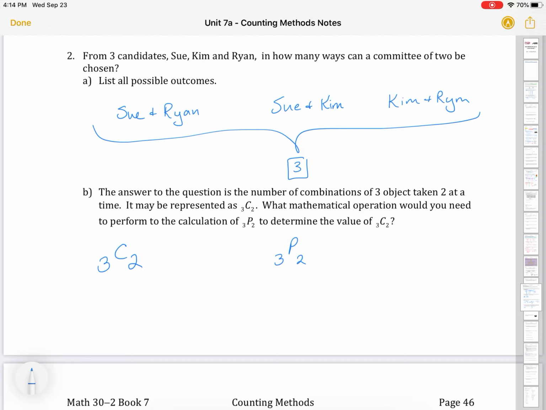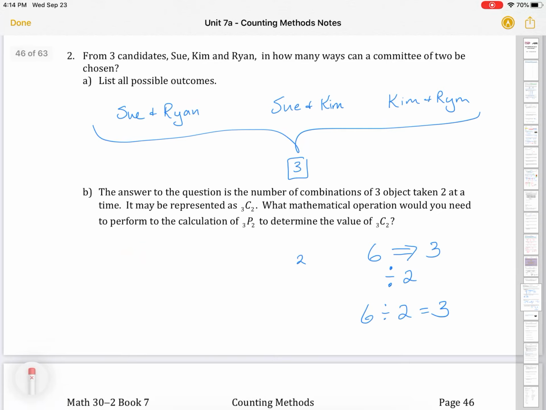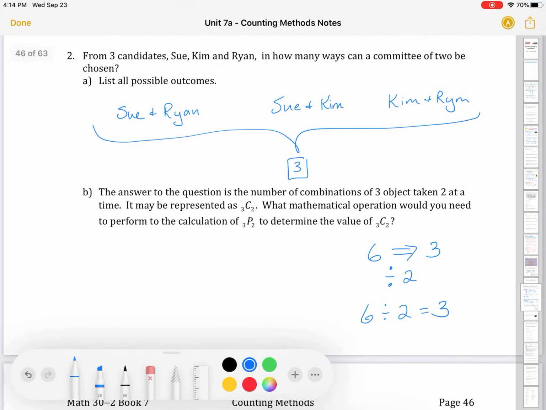What operation would you need to perform to the calculation of 3P2 to get that value of 3C2? So let's think about what we had. We had 6, and we want to get to 3. So 6 to 3, we would have to divide by 2. So 6 divided by 2 equals 3.